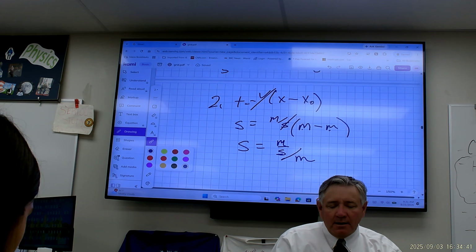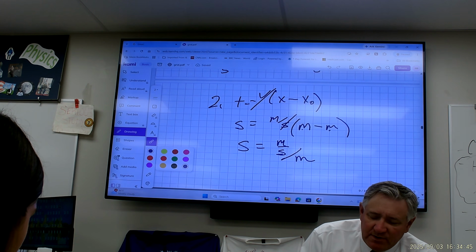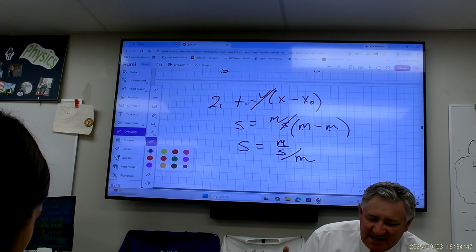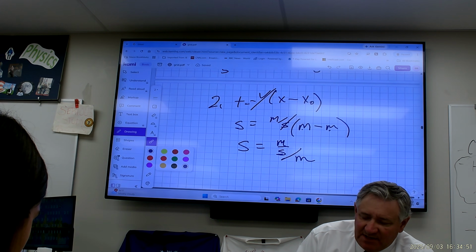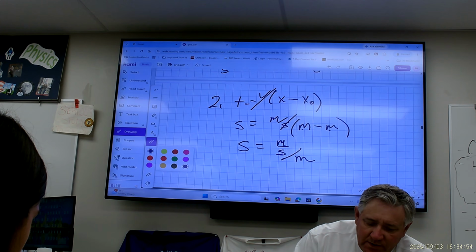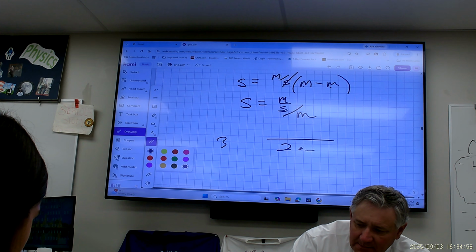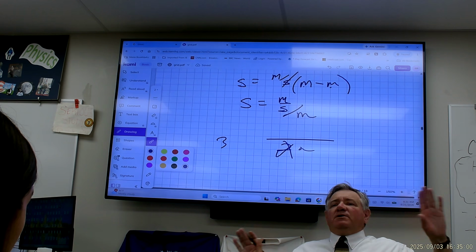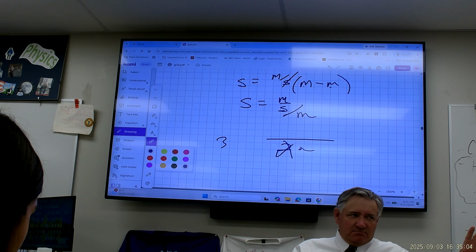All right? When you get to number 3, this is an equation we're going to use a lot. Technically, it has a name. So you have x equals v squared minus v naught squared over 2a. When you're doing number 3, and you have that 2a in the bottom of it, don't even worry about that 2. It is not going to change the units, okay?